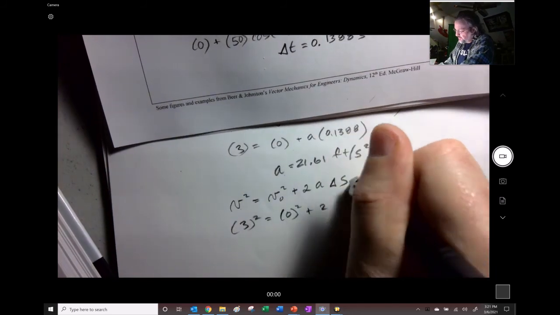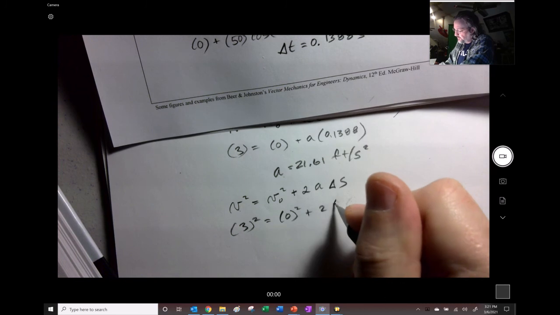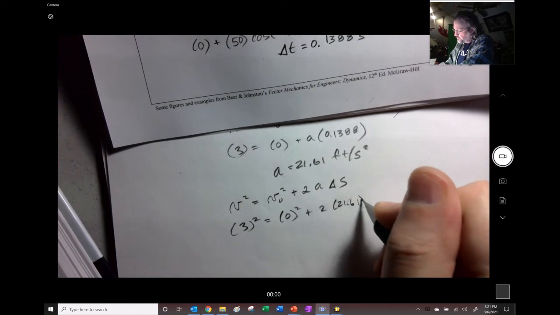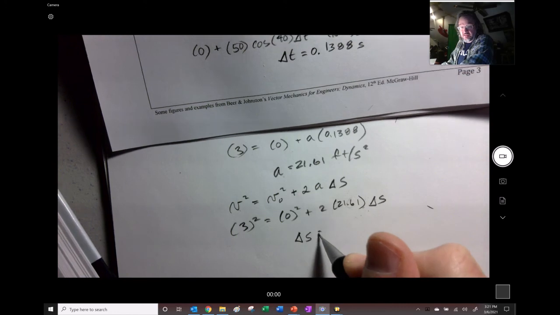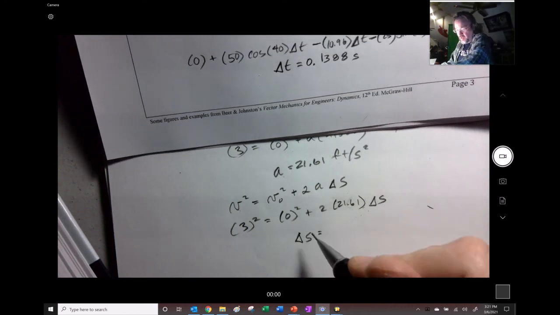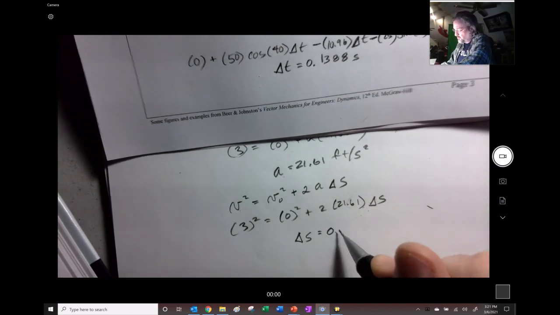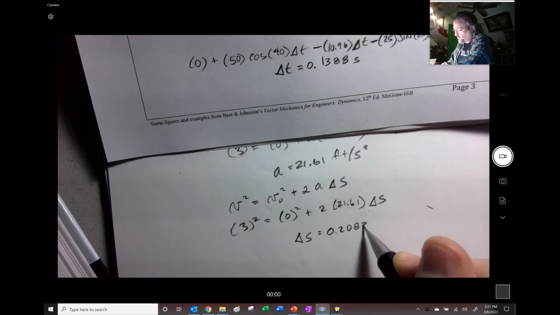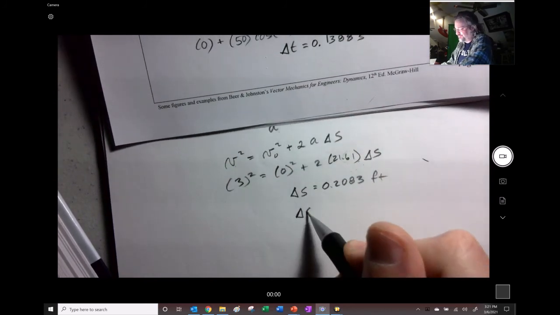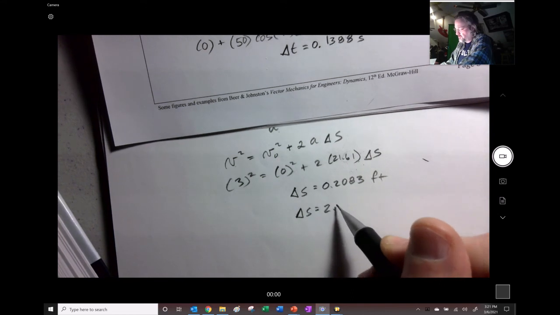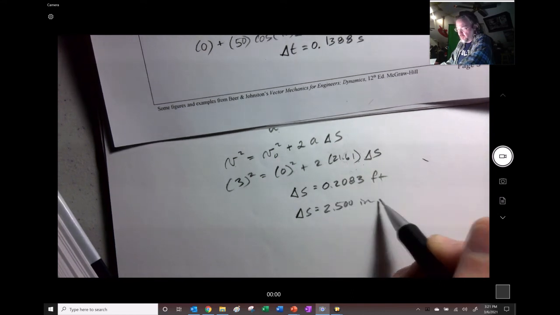I'm sorry, we just found the acceleration. So we have 21.61, and now we get delta S. And we find that it's going to be 0.2083 feet. And we probably want to turn that into inches, so 2.5 inches.